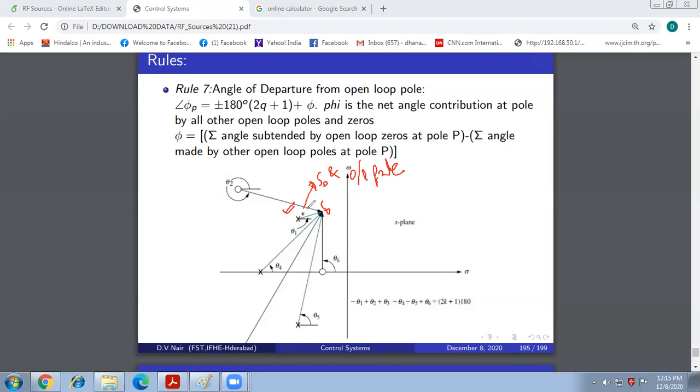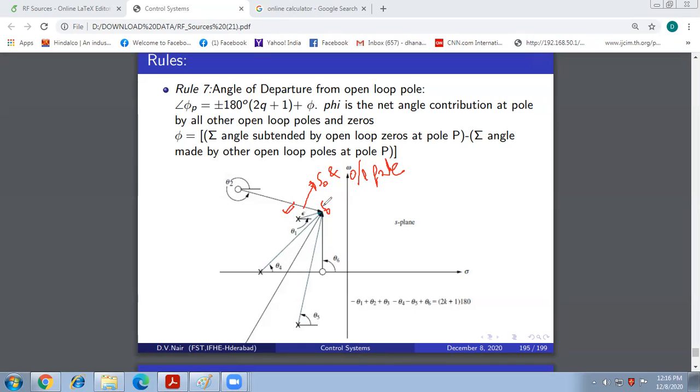Whatever angle theta 1 comes out in this case, the angle subtended by this complex pole at S naught, will be the angle of departure, because the point S naught is in the vicinity of the root locus.